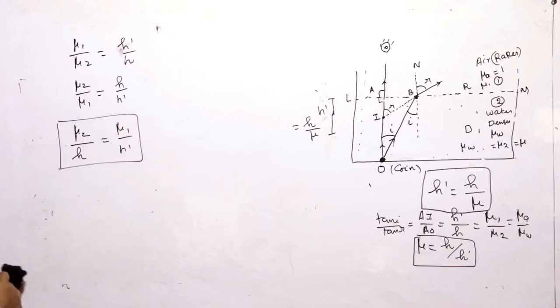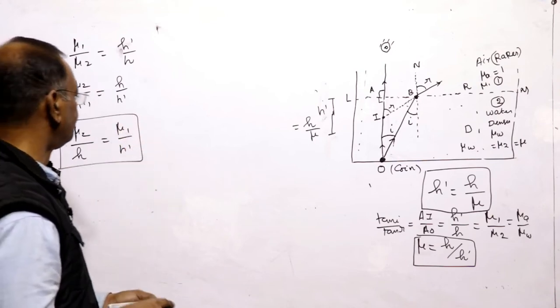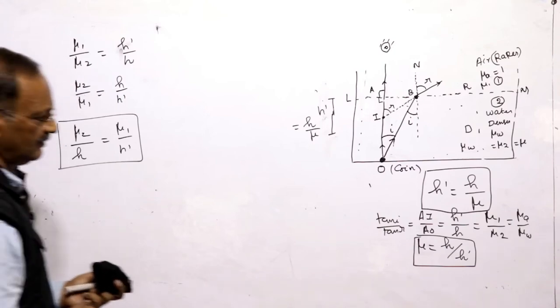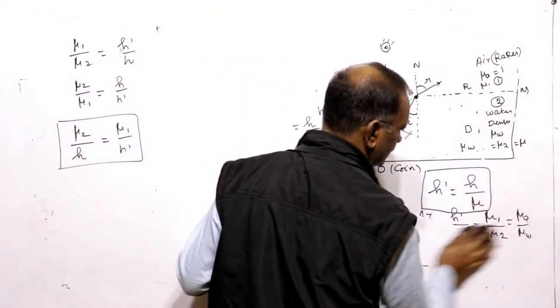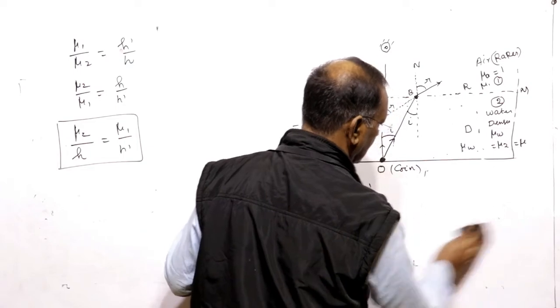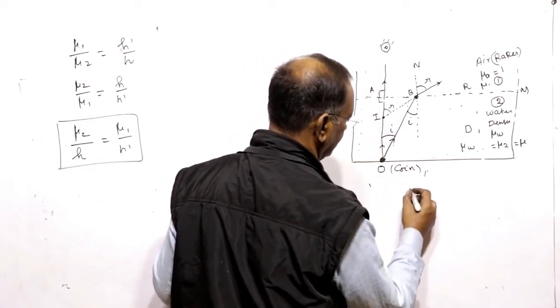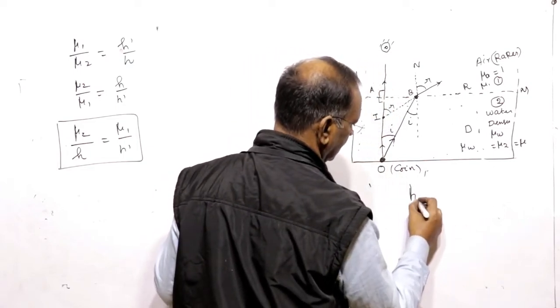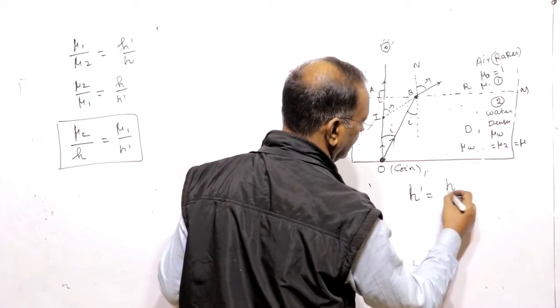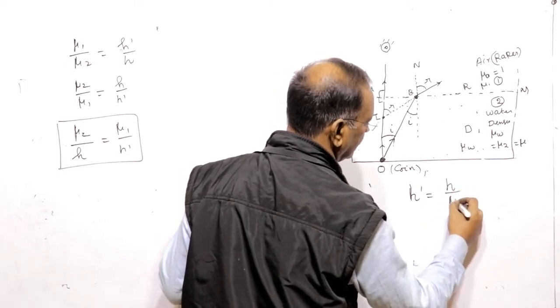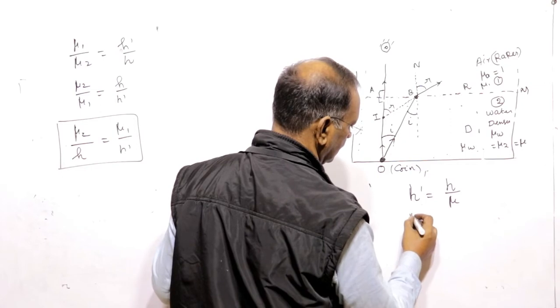So we come to four types of equations, which can be written here. The apparent depth is equal to real depth divided by refractive index of the medium.